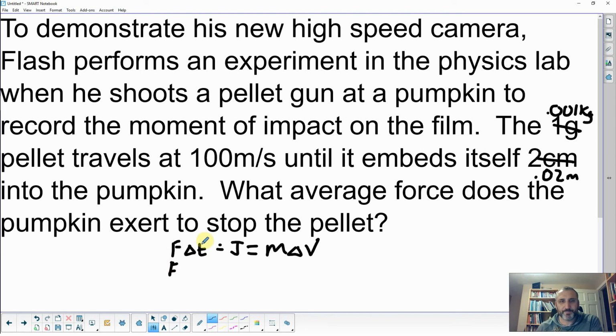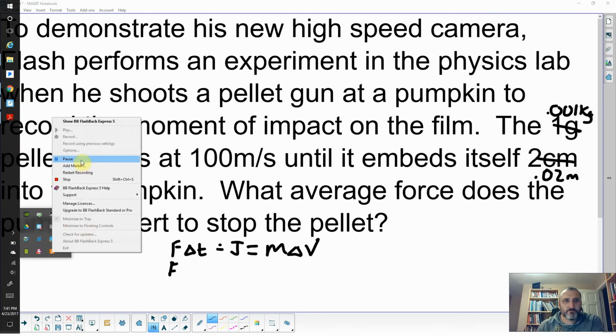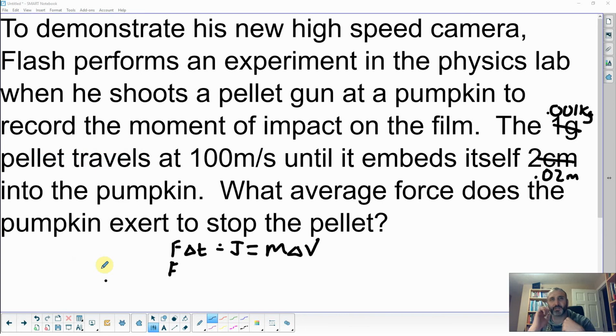Oh, we can't. This is actually going to take a little bit more ingenuity than I had originally planned. Sorry about that. So we can find the force, but we need to figure out the time because we have the momentum and we have the change in velocity.